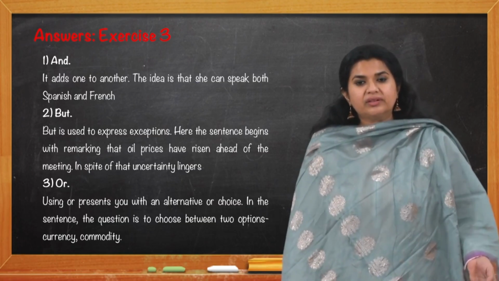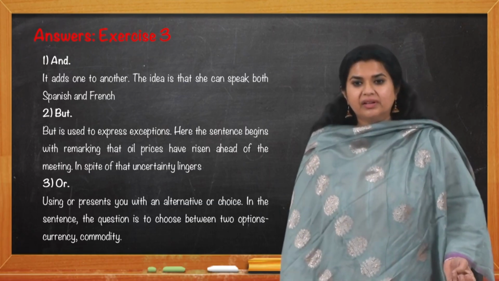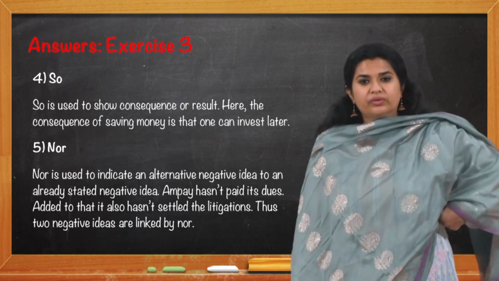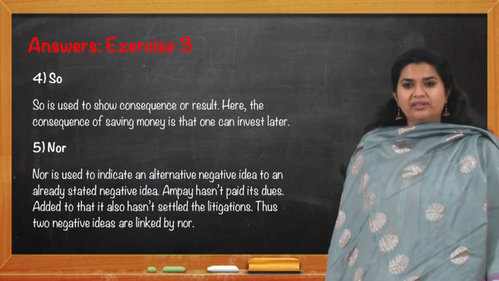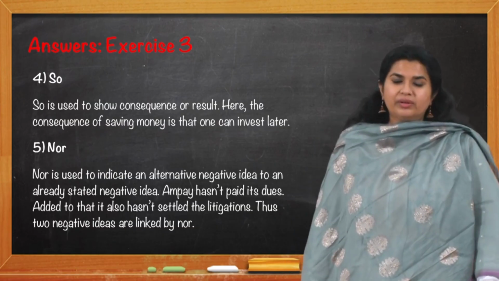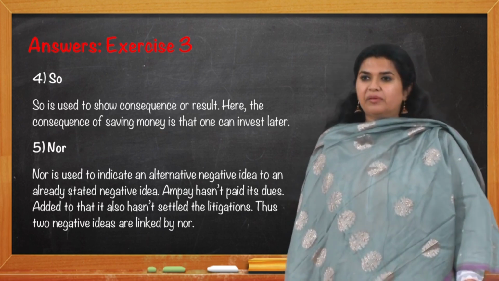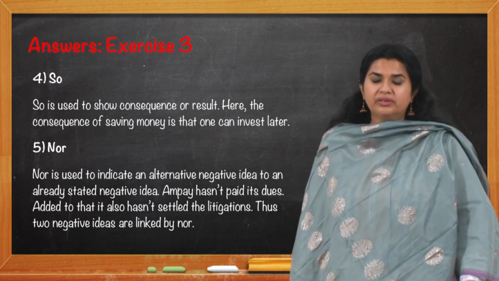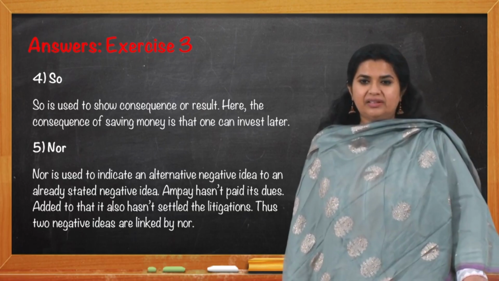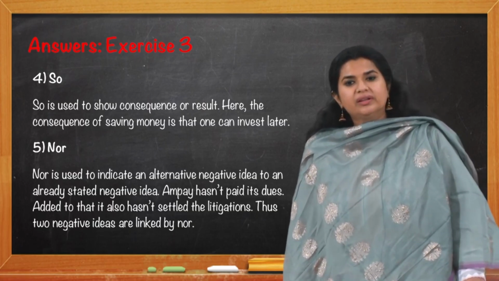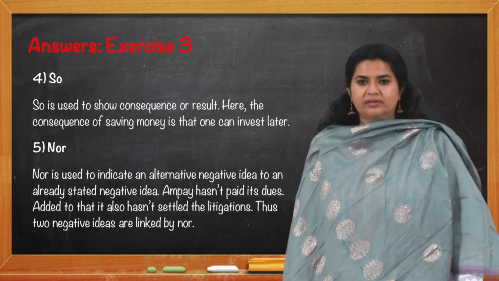The question is to choose between two options, currency or commodity. Number 4 is "so." So is used to show consequences or result. Here the consequence of saving money is that one can invest later. Number 5 is "nor." Nor is used to indicate an alternative negative idea to an already stated negative idea. So, the answer is nor.